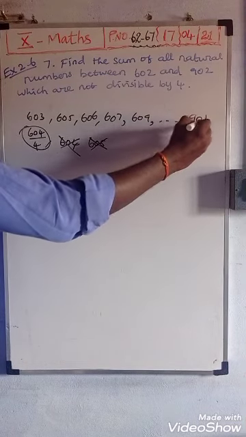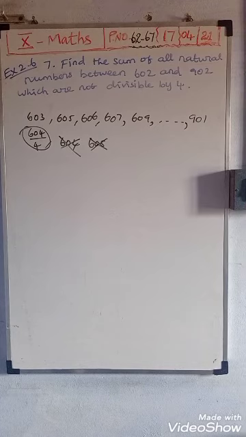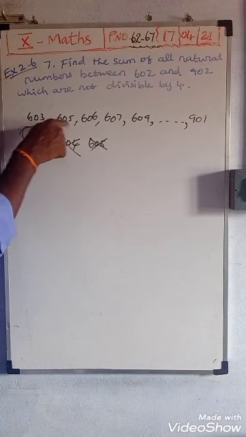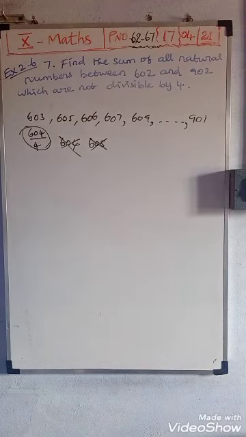Okay, 901. You check it, this series is not an arithmetic series. Arithmetic progression is not there, because the difference between 603 and 605 is 2, but here the difference is 1. So it is not an arithmetic series. Only for an arithmetic progression can we use the Sn formula.